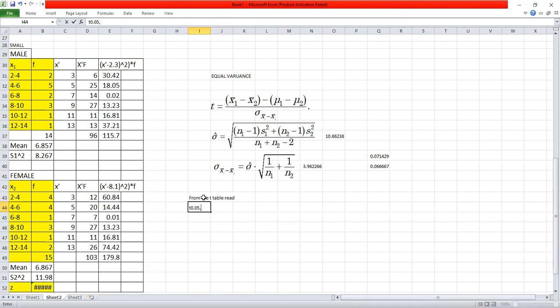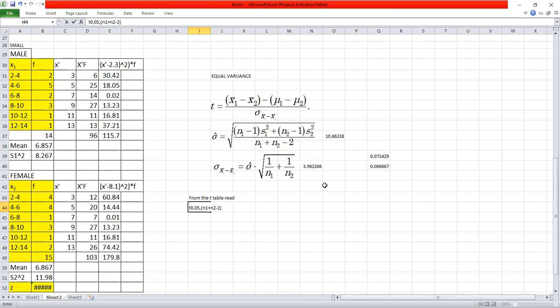Here, degrees of freedom is not N1 minus 1, but N1 plus N2 minus 2.